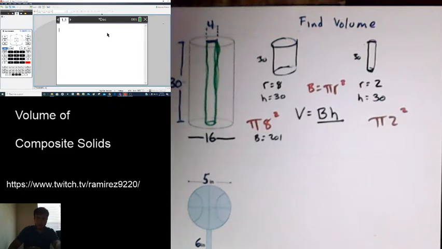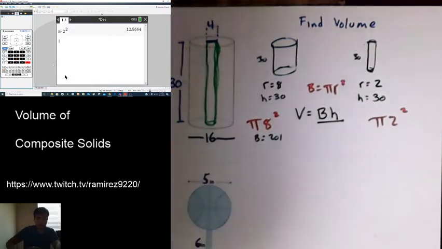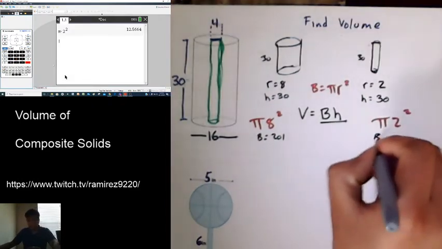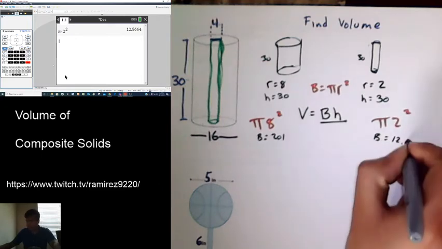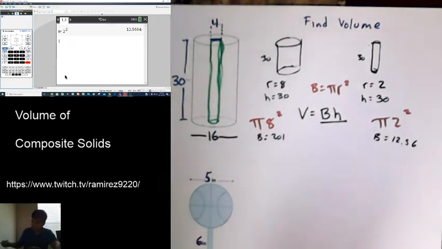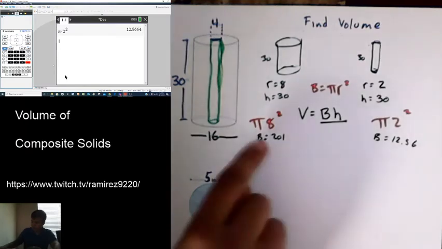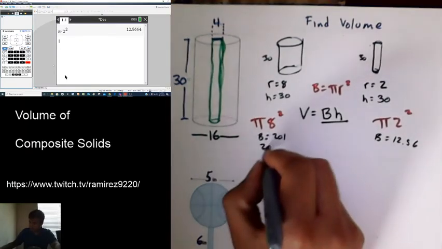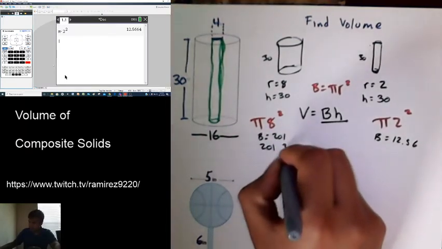Whoops, that's not what I wanted. Oh well. And then for the other one, we have pi and then 2 squared. So big B on this one is 12.56. So again, the volume is going to be 201 times 30.